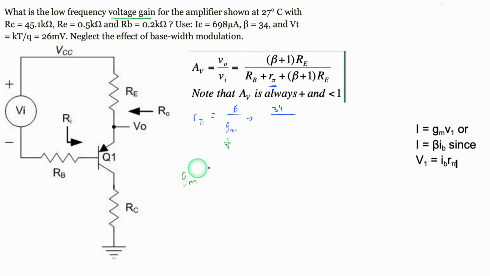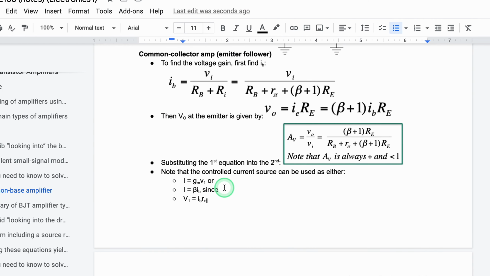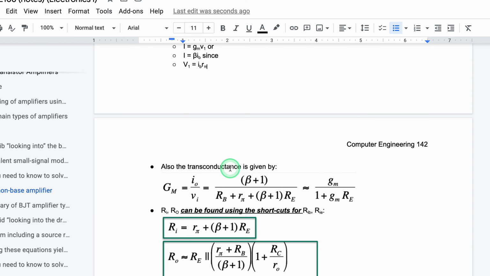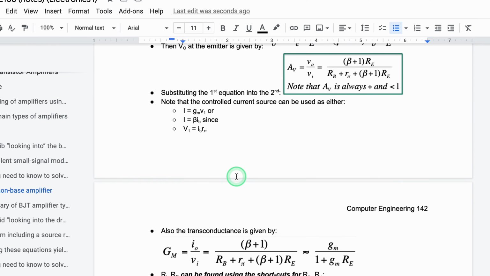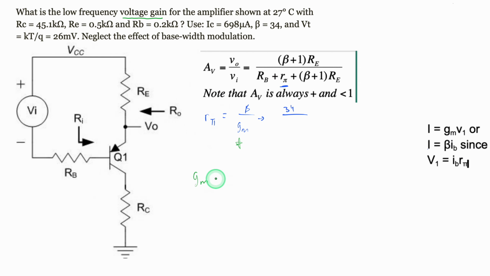Well, GM, if we look at our equation here, and I'm not sure if it's listed here, but it is listed down here on page 142. So on page 142, still part of the same section, we have our I naught over VI. Now we need to rewrite this for our specific problem. Our specific problem asks us for IC over our VT.